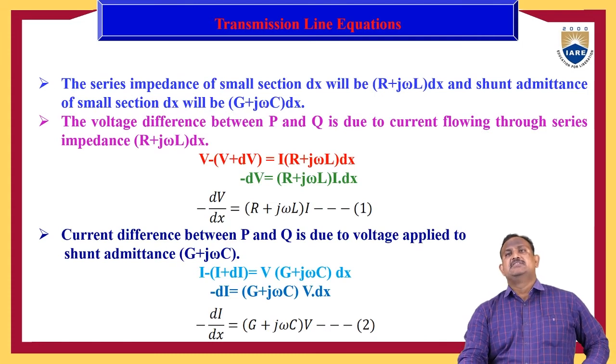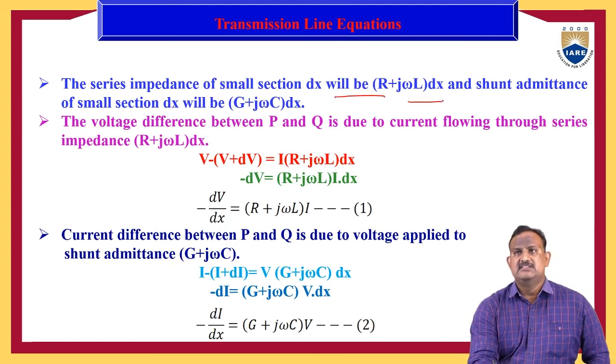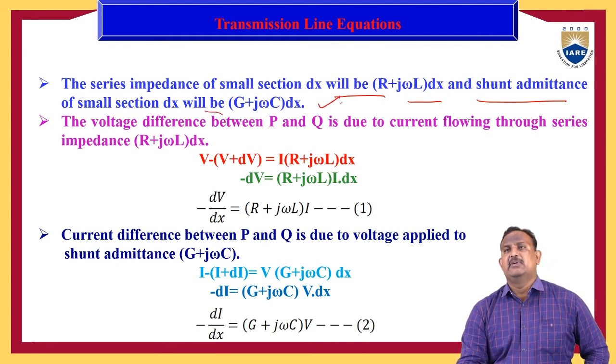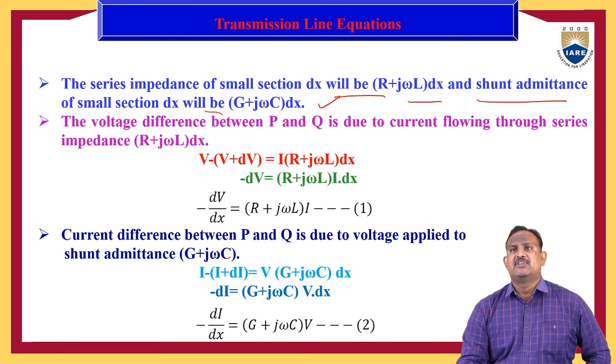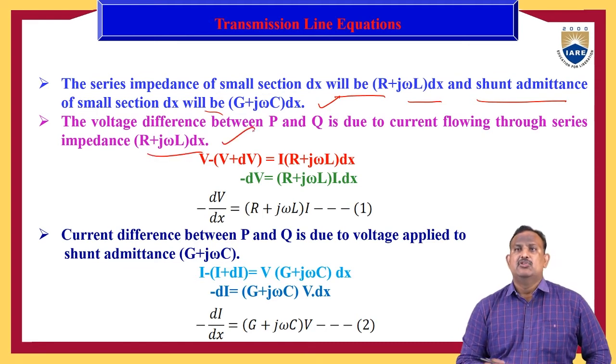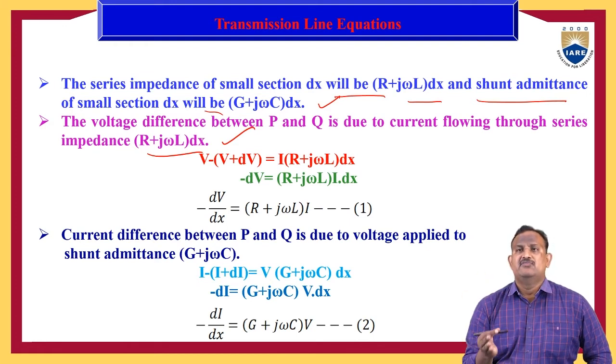The series impedance of the small section dx will be R plus j omega L into dx, and the shunt admittance of the small section dx will be G plus j omega C into dx. The voltage difference between P and Q is due to the current flowing through the series impedance R plus j omega L into dx. The voltage at P is V and the voltage at Q is V plus dV.